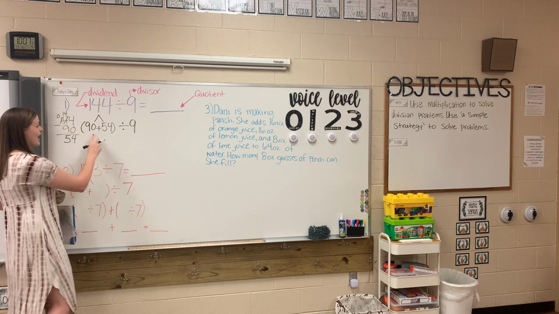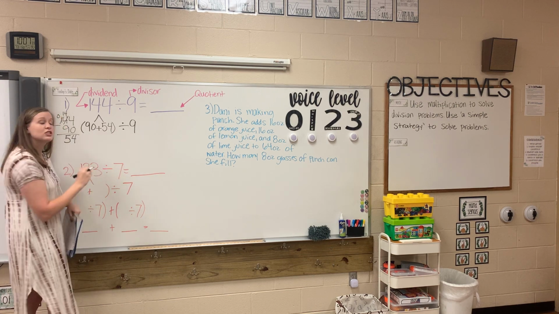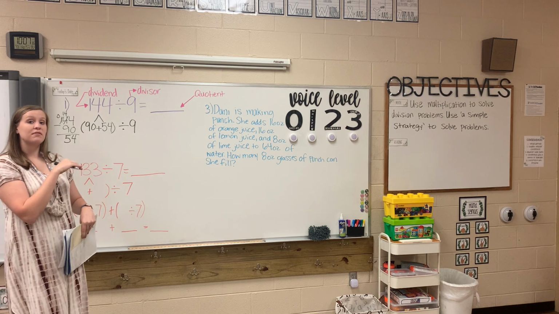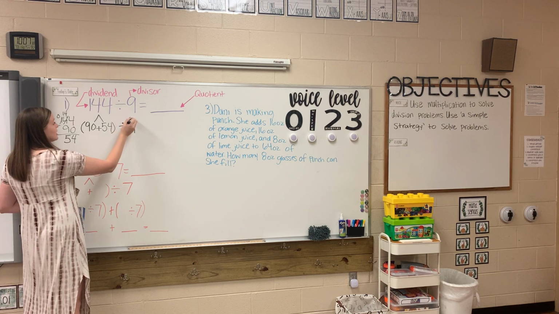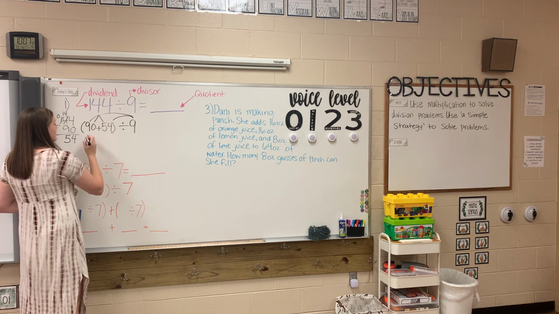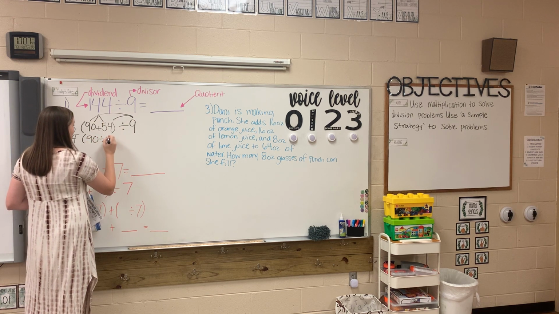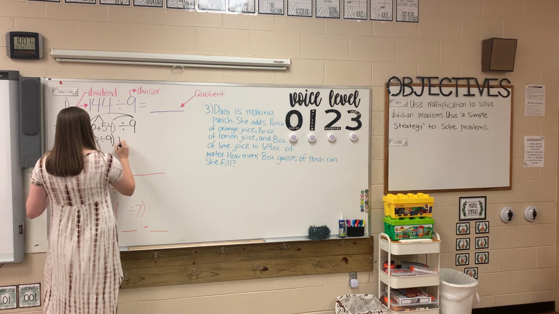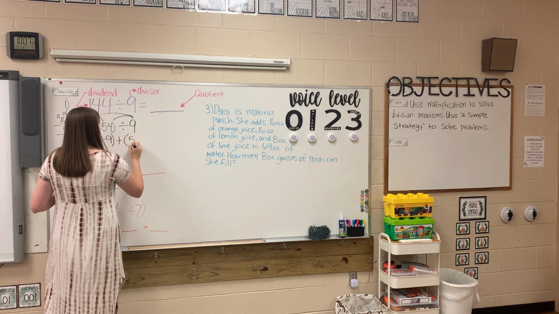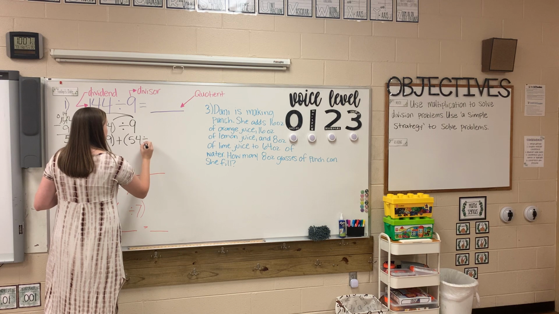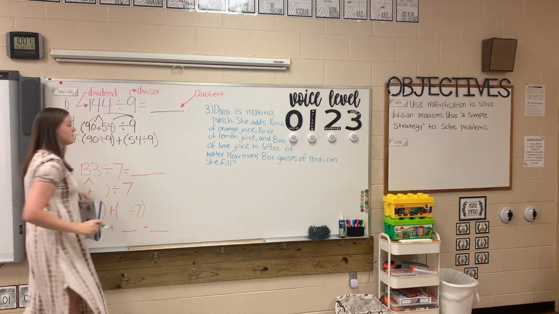Now I need to divide both of these numbers by 9. So if you remember when we talked about the distributive property, we're basically distributing this 9 to both of these. So we can write it as 90 divided by 9 plus 54 divided by 9.